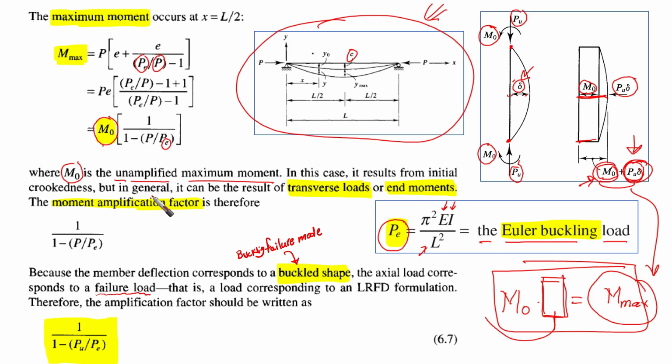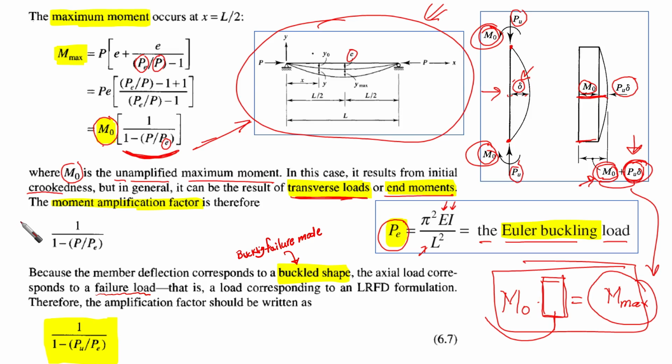But in general, here it was original crookedness. Actually, this is from the textbook itself, when they were deriving the equation. But in general, the unamplified maximum moment can be a result of transverse loading. If we have transverse loading, for example something like this here, or end moments, as in our case here.